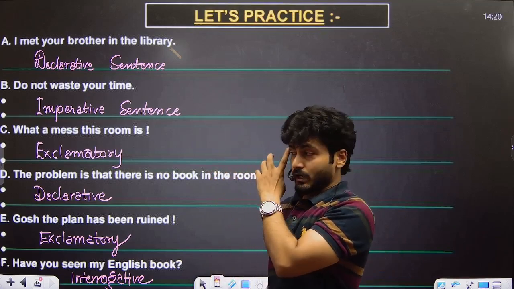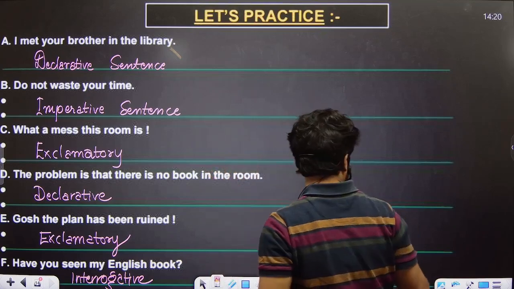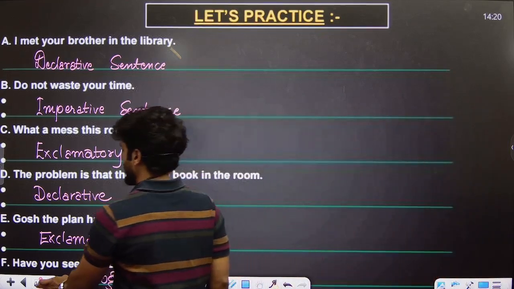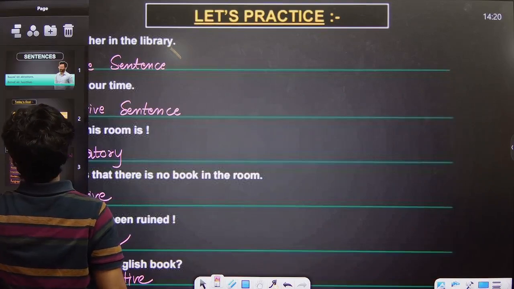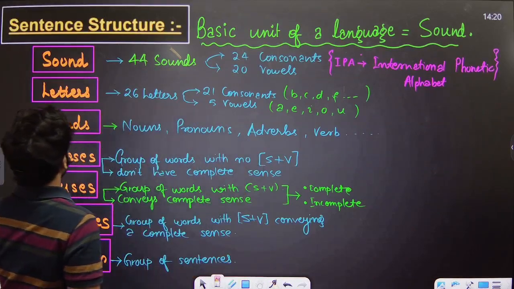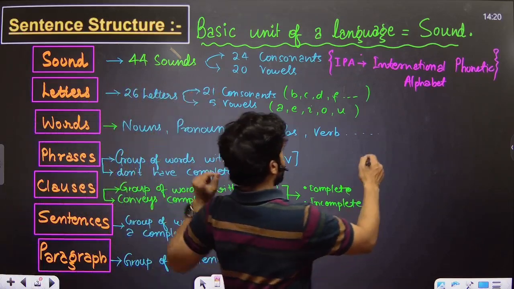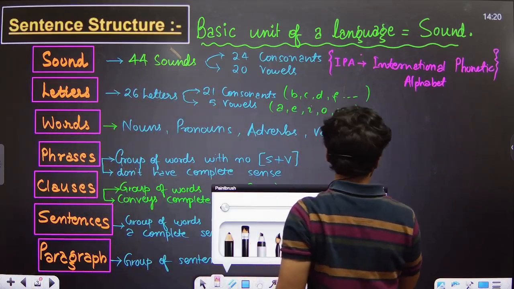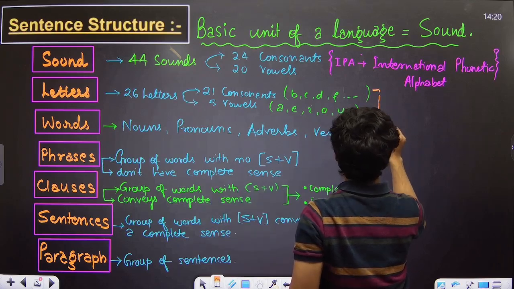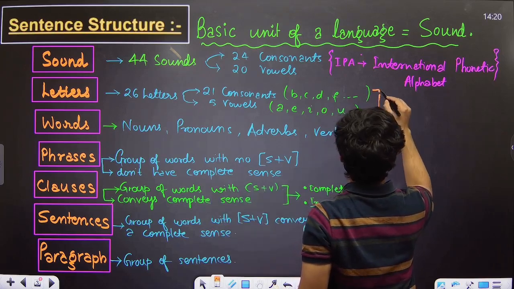You know, what are alphabets? They are the collection of letters. Okay, 26 letters, and all together they are termed to be what? Alphabet. All together, collectively.